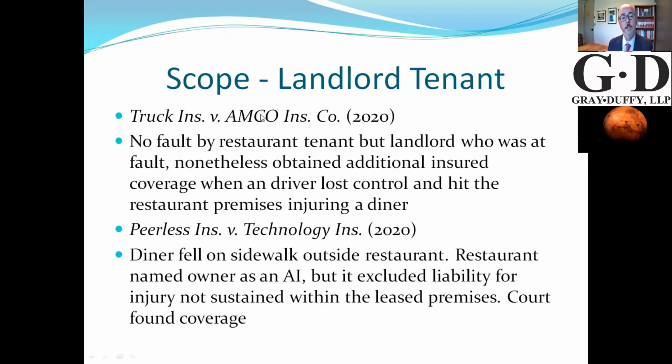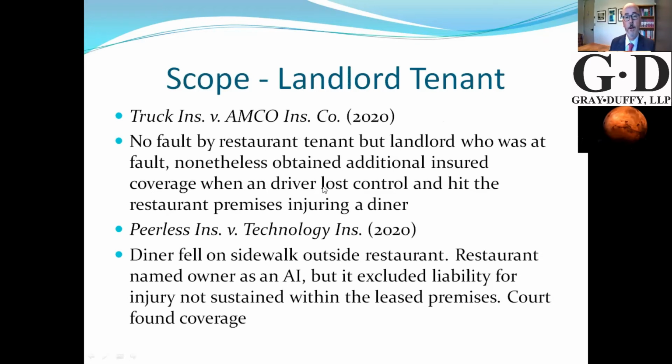So we have a couple of cases here. Truck versus Amco from the California Court of Appeal just this year found there's just a situation where a car had struck a building and caused damage. The landlord had repaired it. Then the landlord leased those premises to a restaurant, and lo and behold, another car struck the restaurant and injured some patrons who sued for their injuries.